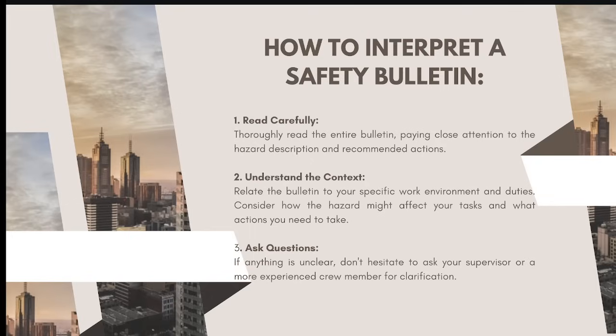Second is to understand the context. Relate the bulletin to your specific work environment and duties. You need to consider how the hazard might affect your task and what action you need to take.